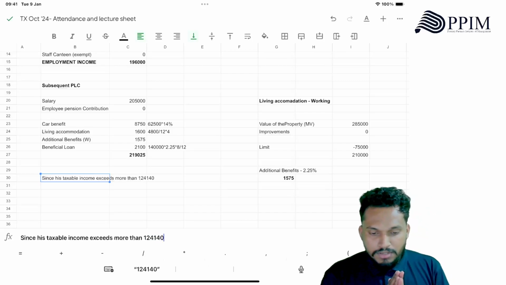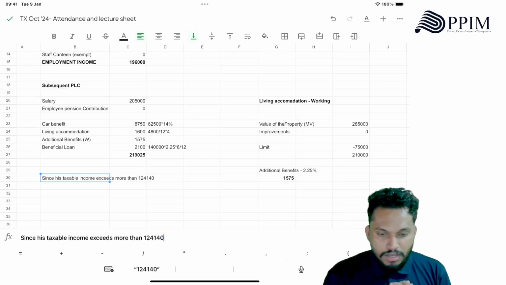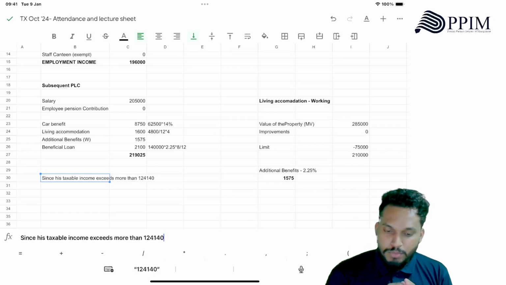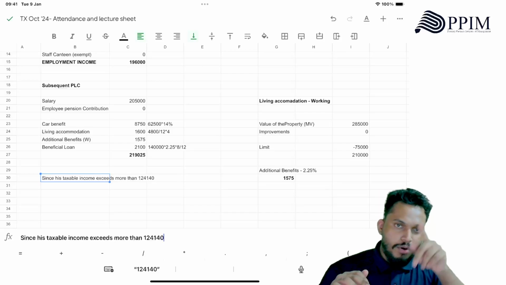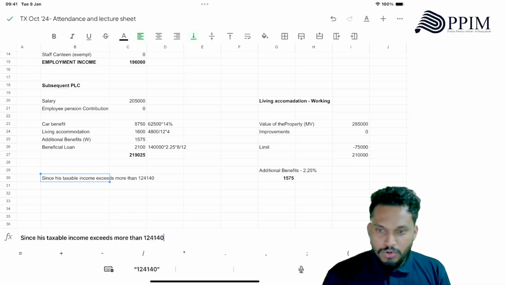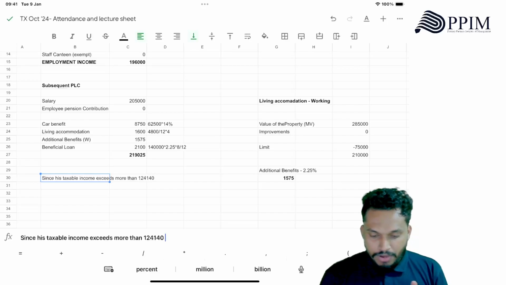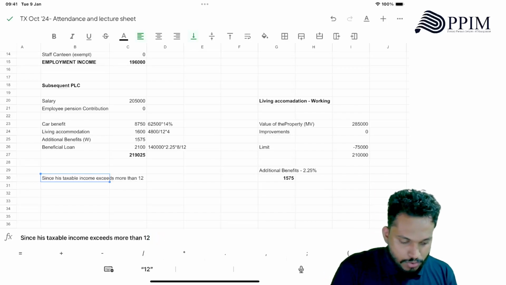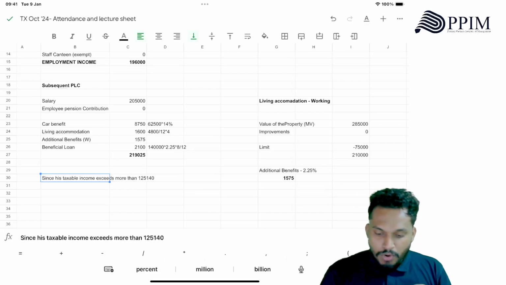Do you know that limit? Better to put the pound sign here. I can't find that, but in the exam they will give you the pound sign. So I'll put it that way: because it's more than 125,140.